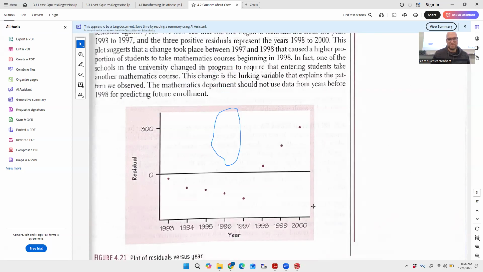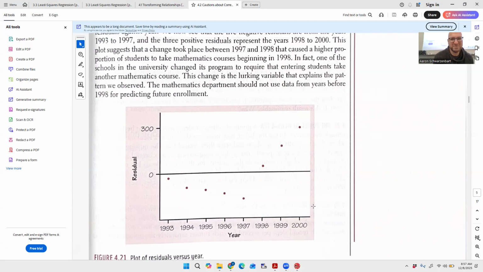Oh, something changed between 97 and 98, didn't it? Probably what math is required to graduate. Between 97 and 98, something changed. Okay. So this was a kind of weird one. There's some lurking variable.